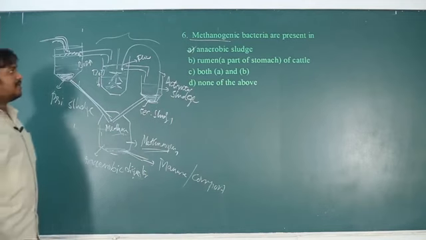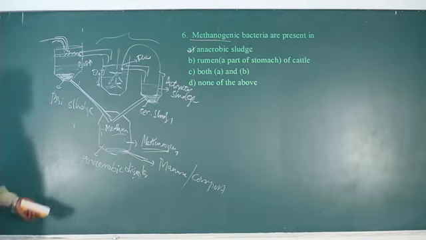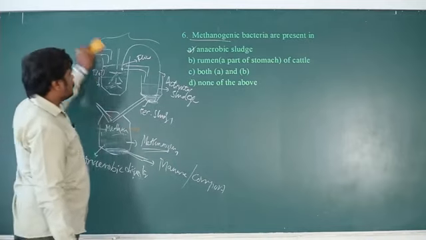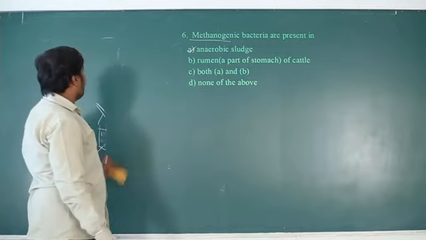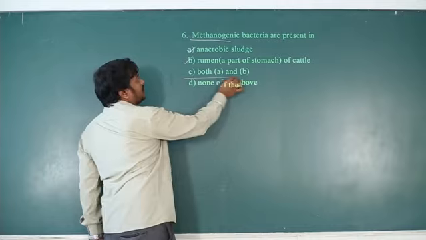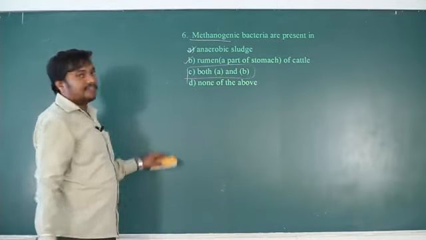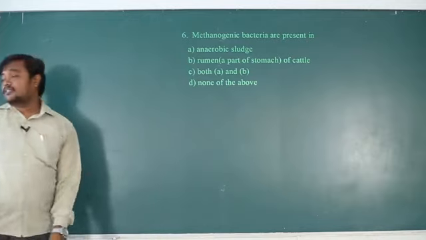Of course, in the rumen of cattle also methanogens are present. In anaerobic sludge also methanogens are present. In the rumen also methanogens are present. So they are present in both. So options A and B is the right option for this question. Okay, so that's it. Let's move on to the next question.